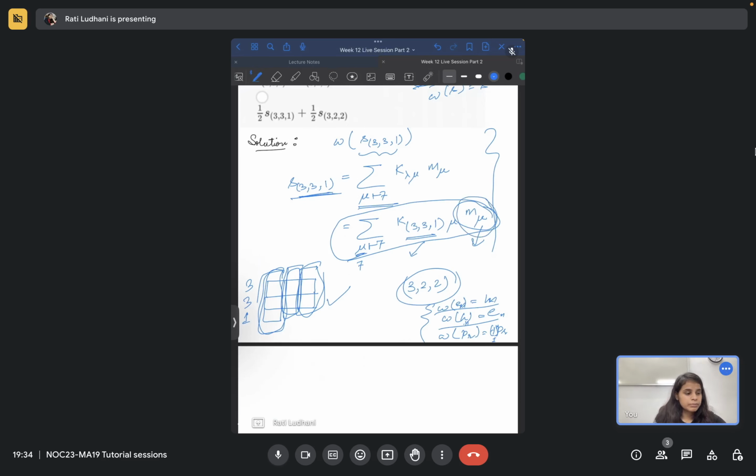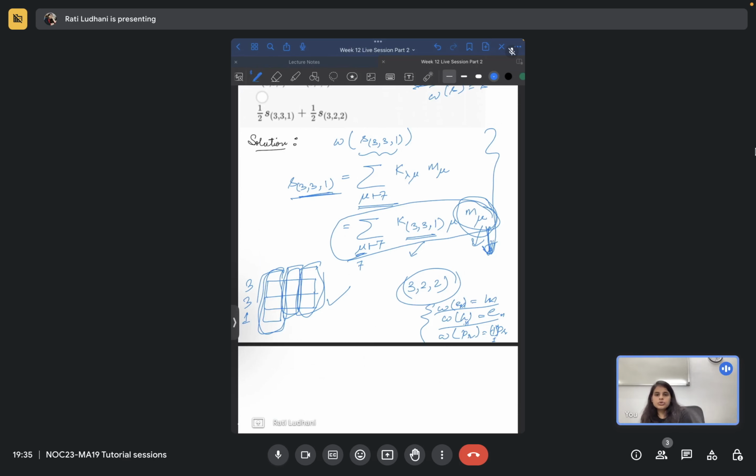Now, for m_mu, omega of m_mu is the forgotten polynomial. If you know that, which is again not much considered in the notes, you can write it as a symmetric polynomial.